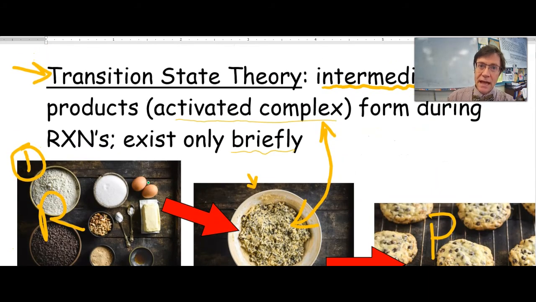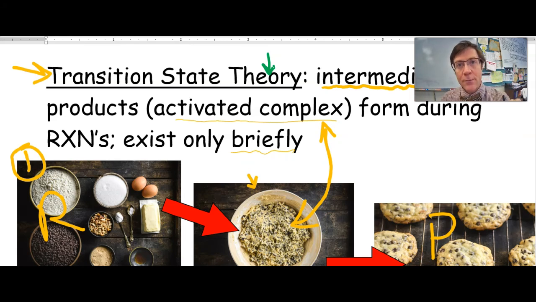And we can't forget about the activated complex, or transition state theory. And again, theory in the science world is not a guess. This is an explanation based on natural law, so laws of nature. And this is how we explain how they interact. And what that means is, between reactants and products, there is something in between. It's not like a magical pop from one thing to the other.